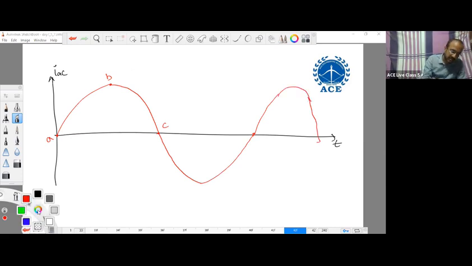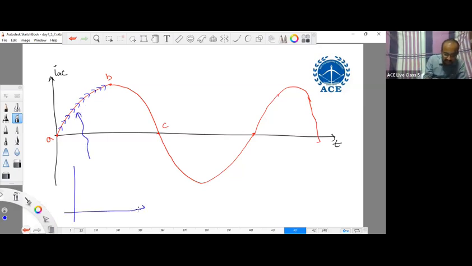So now whenever the current magnitude is increasing from 0 to maximum, during this interval, if you observe the variation of voltage with respect to time between the contacts, the rate at which restriking voltage is increasing between the contacts will be more than the rate at which dielectric strength is increasing.